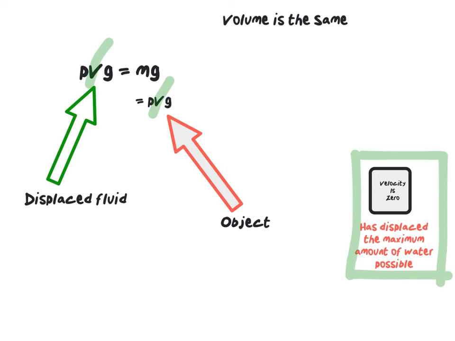So we could cross out or cancel out the volume from each side of the equation because the object's fully submerged, and I can compare the densities of the two objects. So when the densities are the same, we'll have neutral buoyancy.